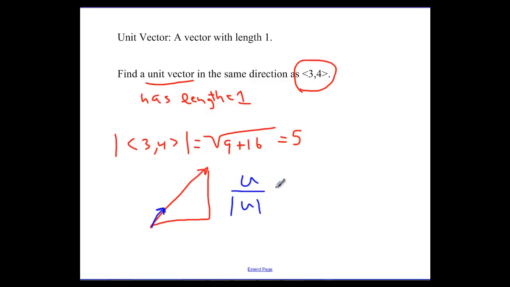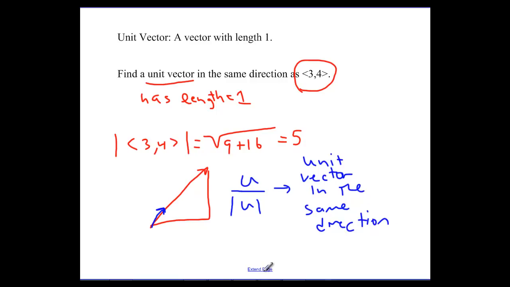And that will get me a unit vector in the same direction as my original vector.